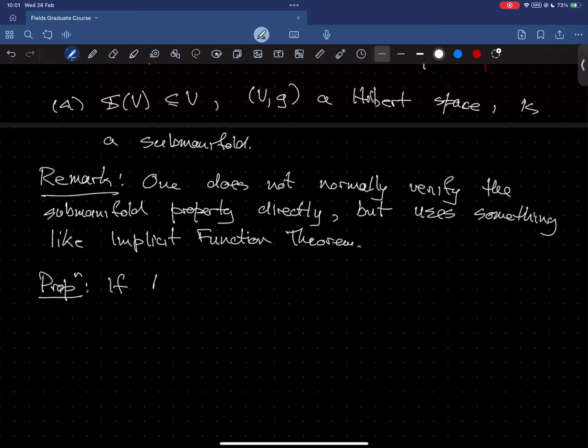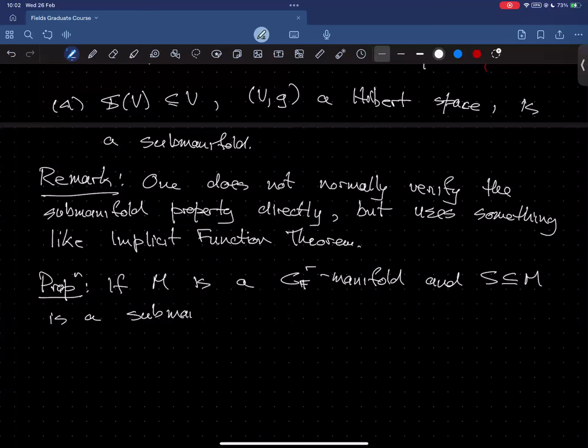So if M is a CR manifold, and R is the usual R, and S is a submanifold, then any collection of submanifold charts for S that covers S. Okay, so we've talked about what submanifold charts are.